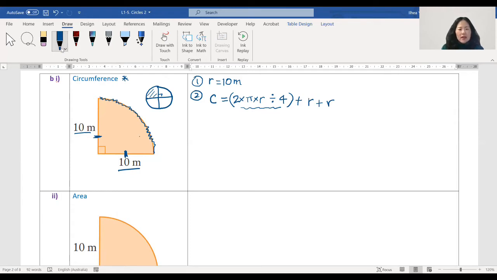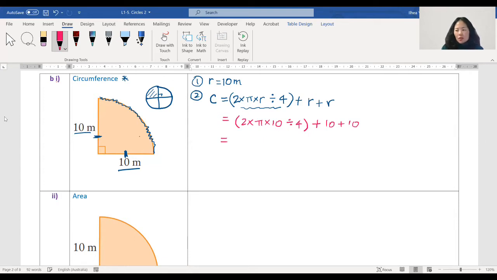Okay, so now I'm going to put all the values here. 2 times pi times radius 10 divided by 4, because it's a quarter of a circle we're looking at, and the radius is 10. That'll give me all around the quarter of the circle, the diagram that we have.